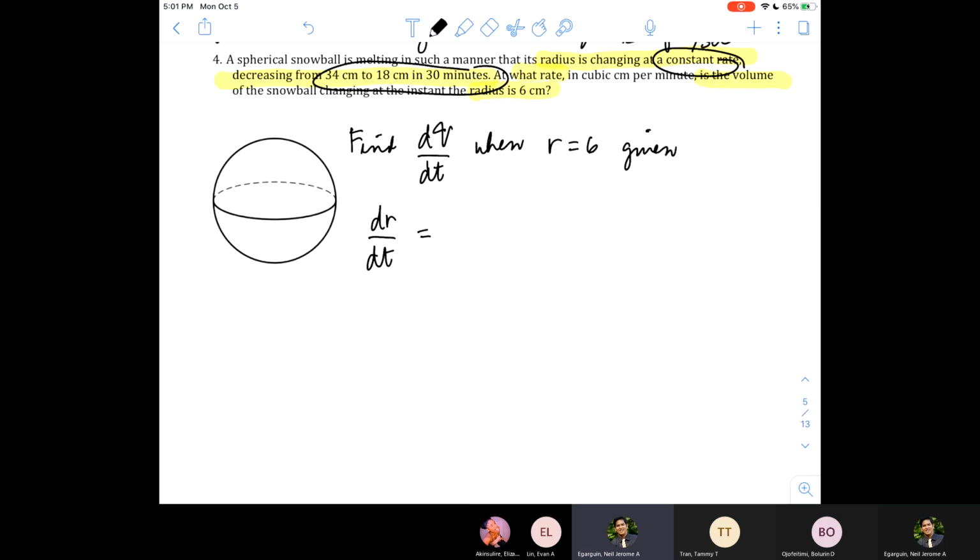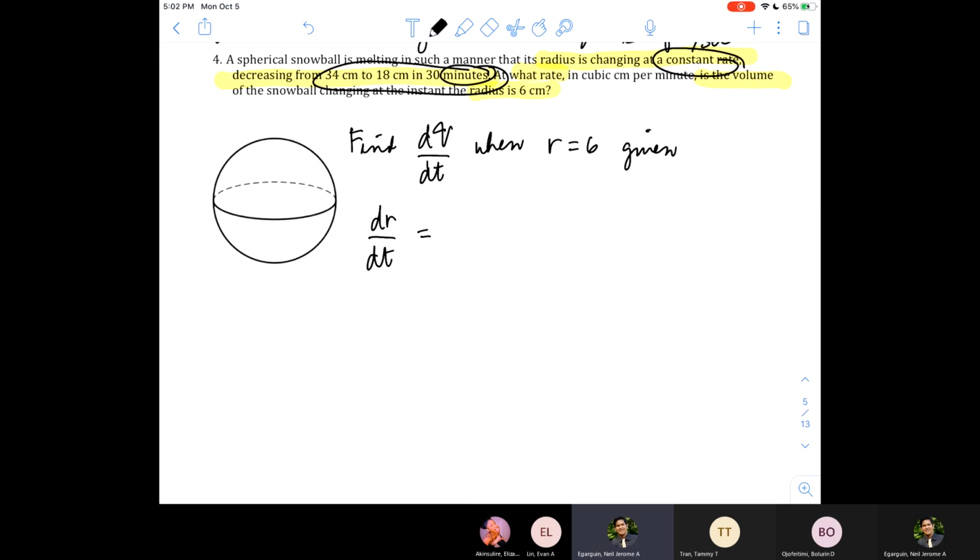But remember that usually rates of change are given per unit of time. Here, the unit of time is minutes, but the decrease we observe happened in a span of 30 minutes, right? It decreased from 34 to 18 centimeters in 30 minutes. But most of the rates are just per minute. So we need to find how many centimeters are lost in the radius per minute.